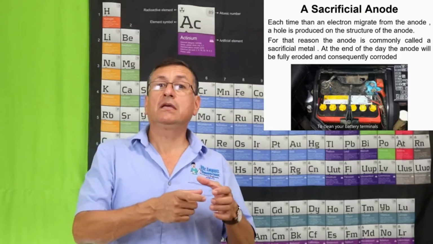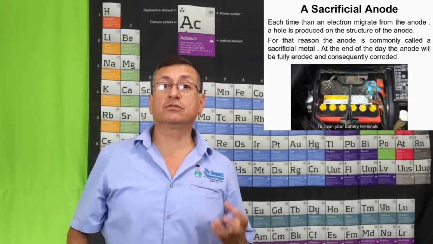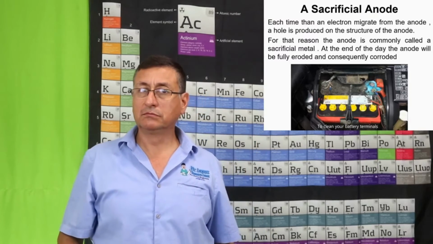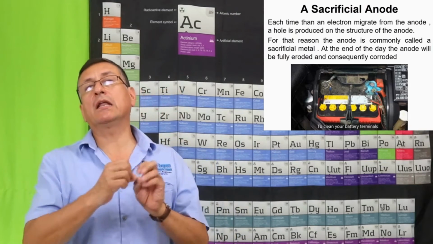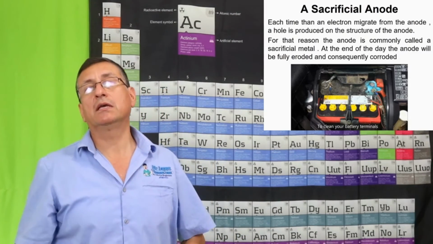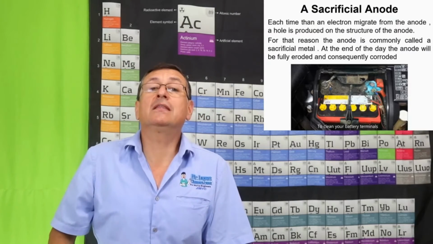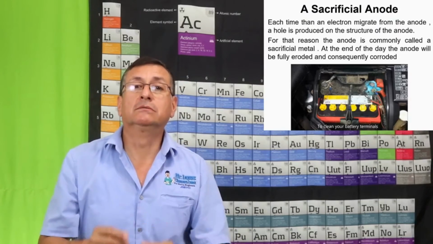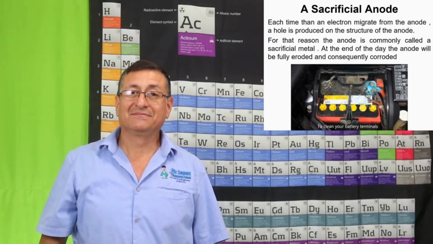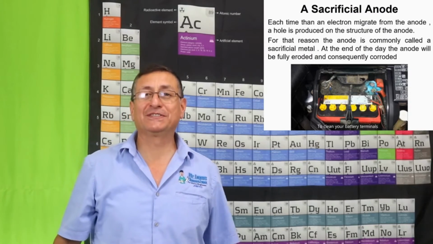At the end of the day, the negative terminal in your battery is full of electrons, full negative. This is the cathode. And the positive terminal releases a lot of electrons during the day. This is the anode. For that reason, 2 years later, the positive terminal in your battery is eroded. Because this is the sacrificial anode, it releases electrons. We are going to talk later about that.